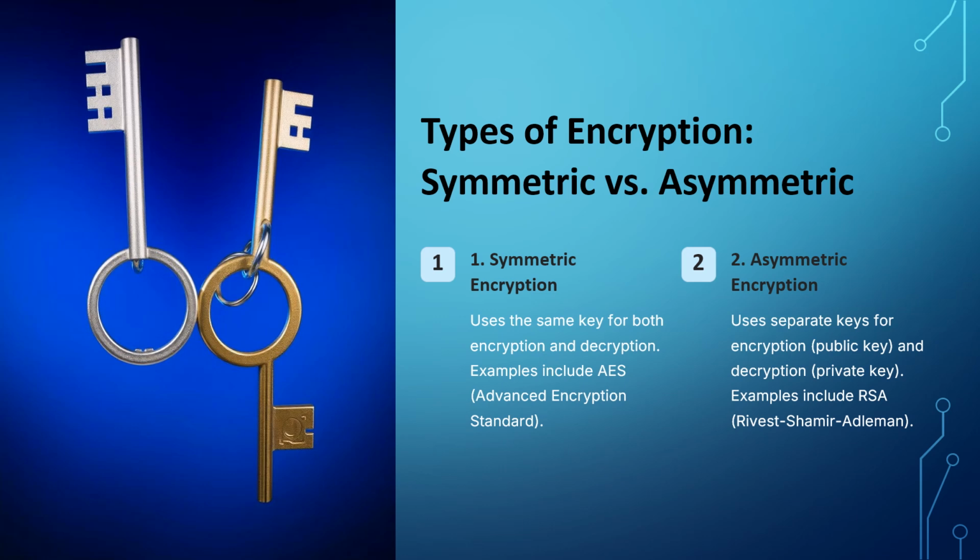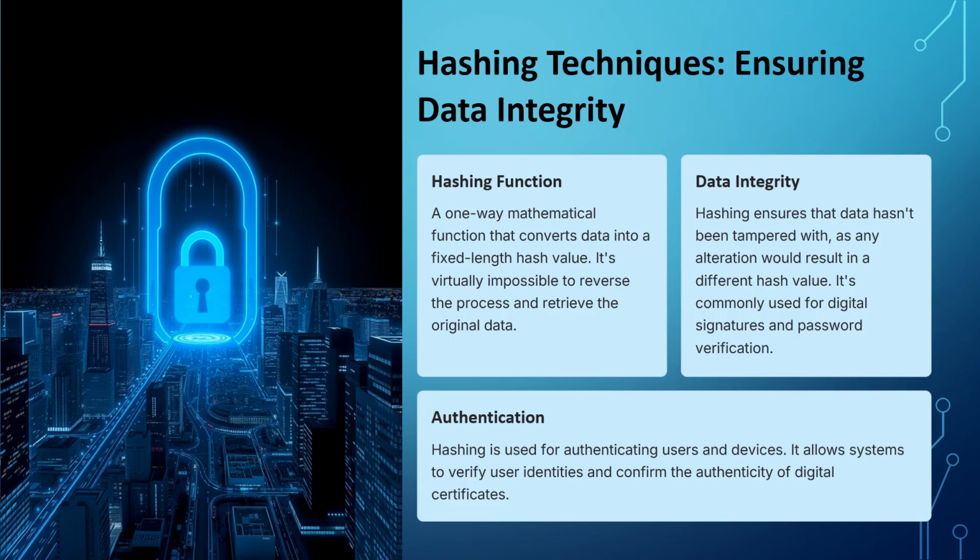Now we go to our next slide, in which we discuss hashing techniques ensuring data integrity. Hashing, now I tell you what a hashing function is. A hashing function is a one-way mathematical function that converts data into a fixed-length hash value that is virtually impossible to reverse to retrieve the original data.